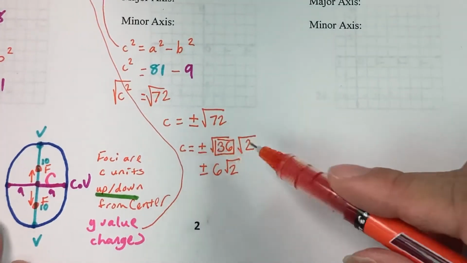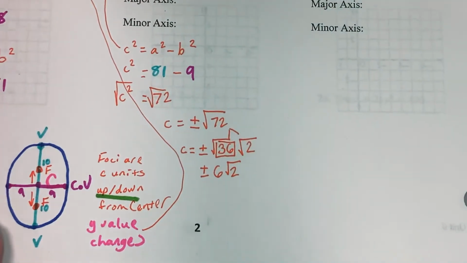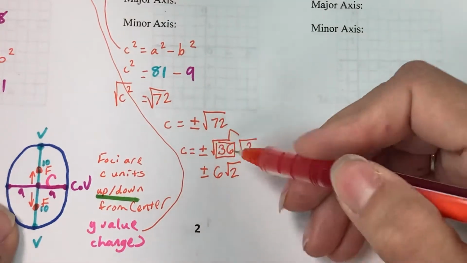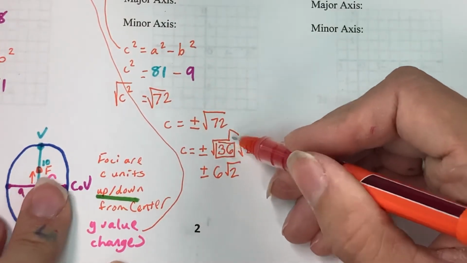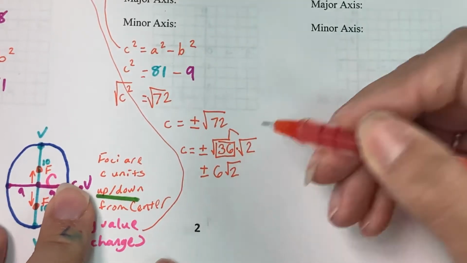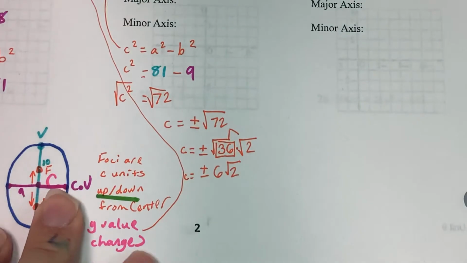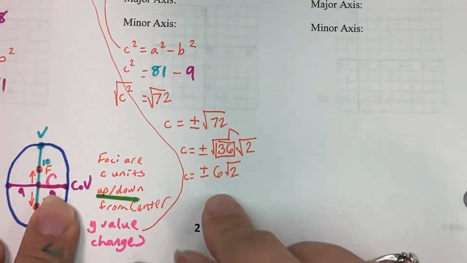Now, if you're wondering, how can we split this radical like this? You're essentially doing a little radical factor tree with it. So we break it down into a perfect square factor that's easy to take the square root of, times the factor that's left over, which stays under the square root. So C equals plus or minus 6 rad 2. So that is my C value.